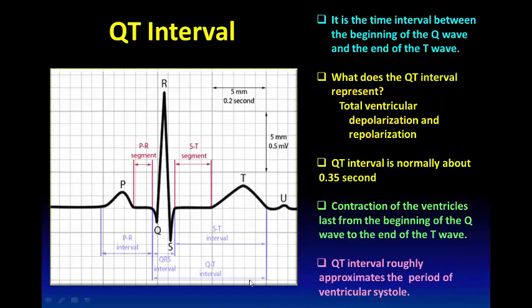The QT interval is the interval between the beginning of the Q wave and the end of the T wave. So it represents total ventricular depolarization and repolarization. And the normal duration of the QT interval is 0.35 of a second.